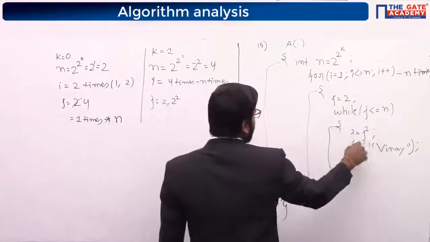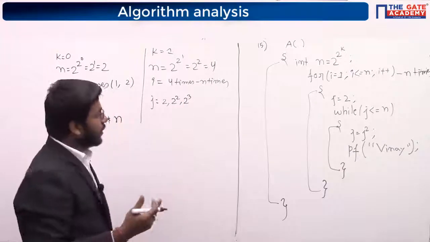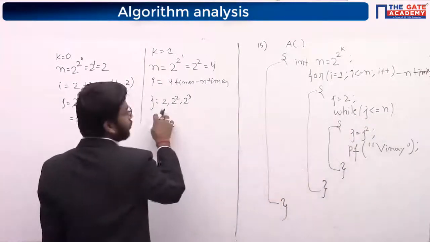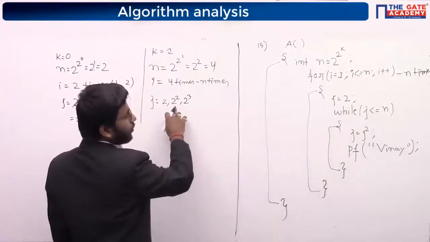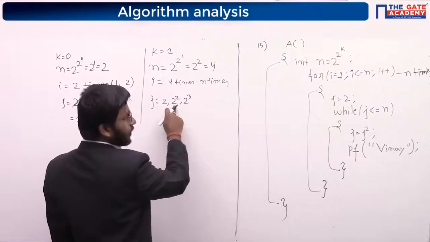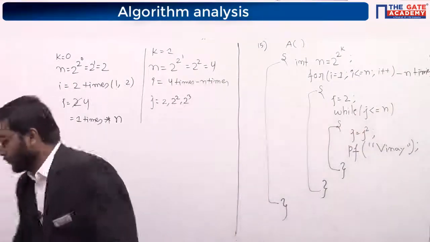it went inside. Now it is 2 to the 3. So now, sorry, 1 minute. 2 is smaller than 4, printed, now 2 to the 2 is square. So when it went, it became 4.